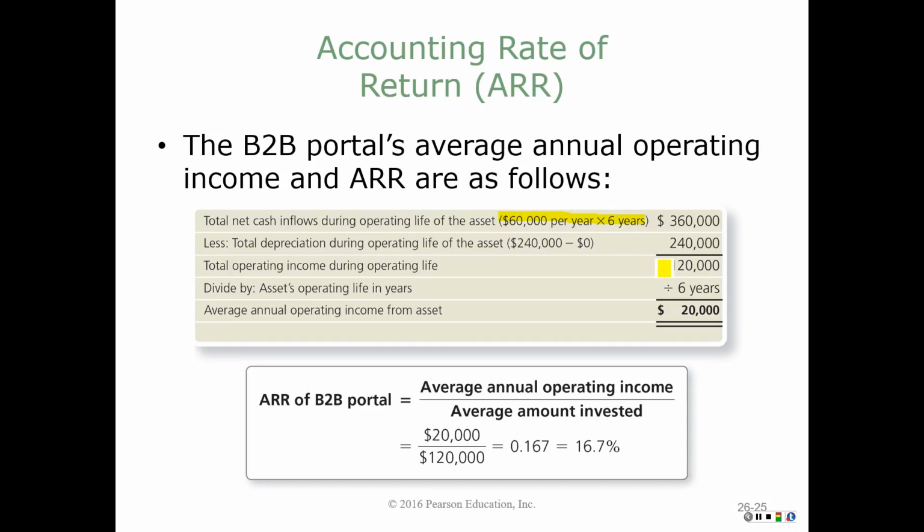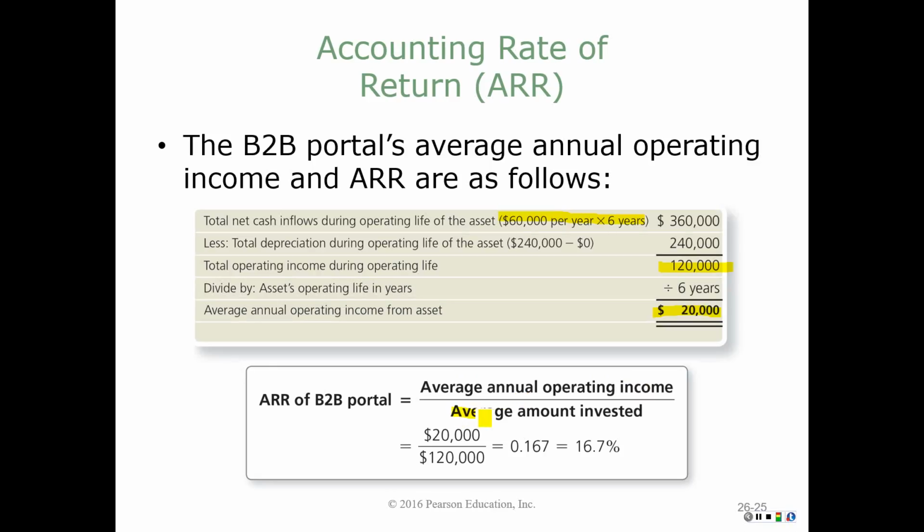So we are estimating that we would be bringing in $120,000 of income over the operating life of this asset. We said it had a 6-year estimated life, which will generate an average annual operating income of $20,000 per year.